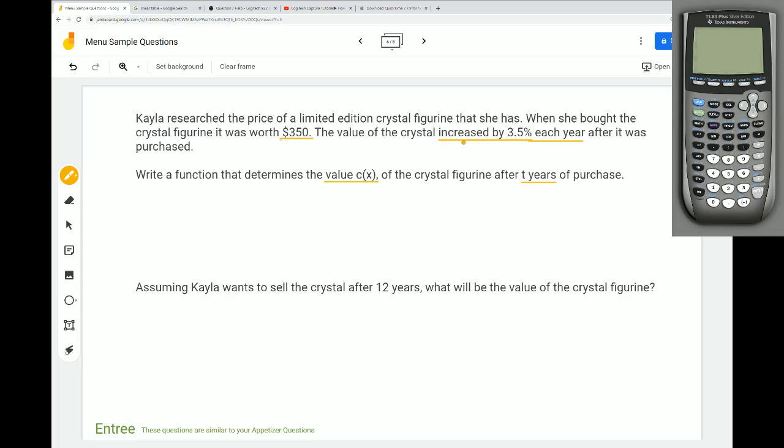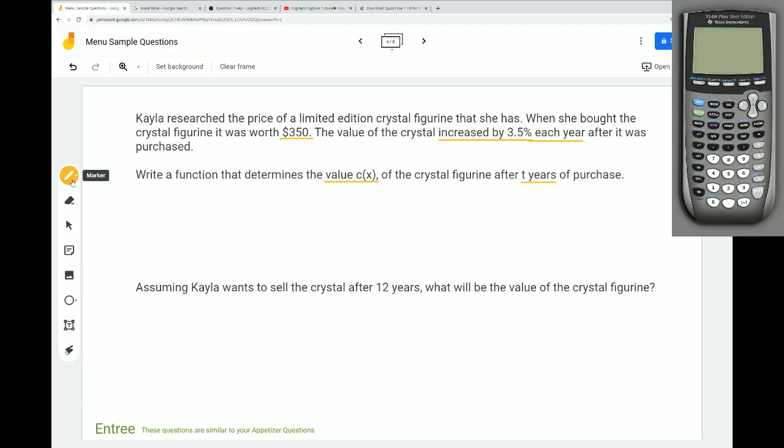Now let's look back at this question. In the question, I noticed that the crystal figurine is $350 and it's increasing by a percent. Since it's increasing by a percentage, we know we're dealing with an exponential function. So it's increasing by a percentage of 3.5%.